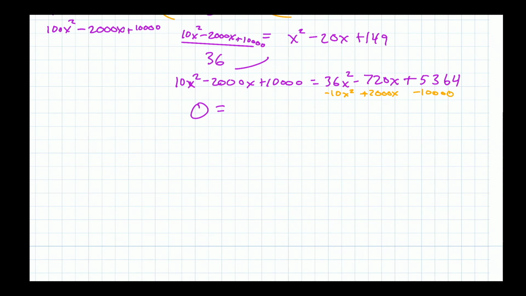Numbers are weird, so I feel like I made a mistake. 36x squared minus 10x squared is 26x squared. Negative 720 plus 2000 is 1200x. 5364 minus 10,000 is negative 4636.